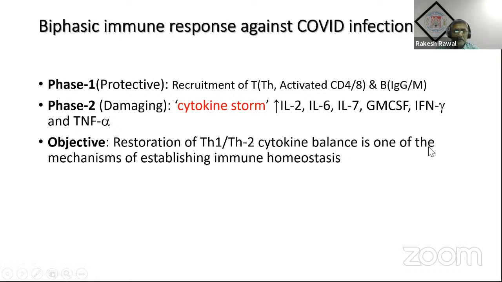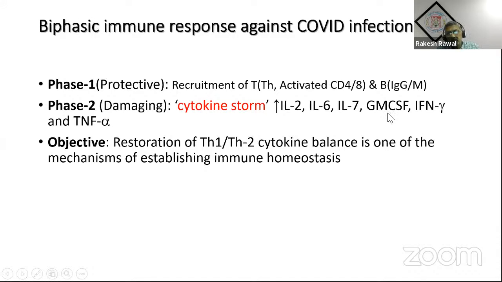Whereas a few of them enter into phase 2, and this phase 2 is the damaging one. Our own immune system is unnecessarily activated to a point where it enters into cytokine storm. So you must have heard that after a certain stage, people need admission, then ICU care and ventilation, and ultimately there is cytokine storm and a lot of various interleukins and cytokines.